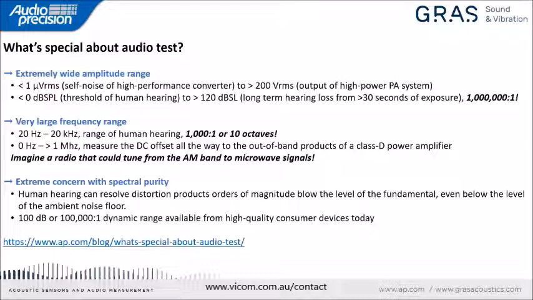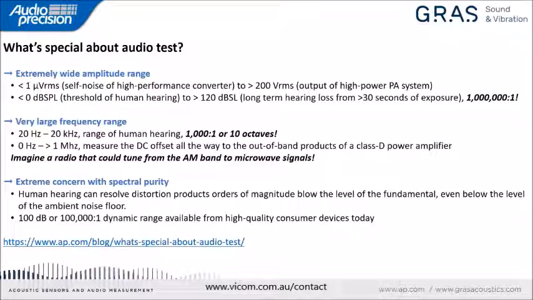That scales all the way up to wanting to measure the output of the types of power amplifiers that are used to drive speakers for rock and roll stadium shows, which can exceed 200 volts RMS. So that's a very big challenge: to have an analyzer that has a self noise of less than a microvolt and accepts the largest possible signal above 200 volts RMS.